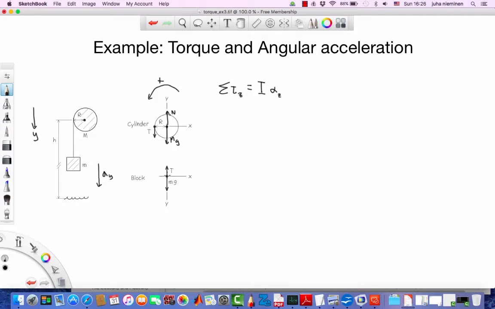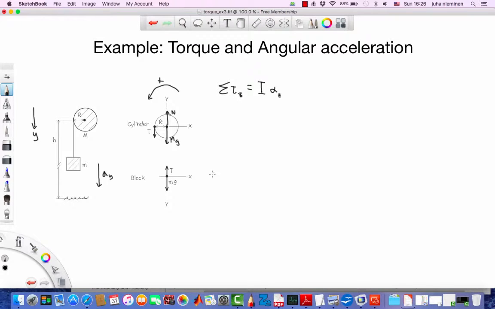Then what about the block? Within the block there are no torques acting because all the forces act at the center of mass, but we have this linear acceleration that results from the difference between these two forces.